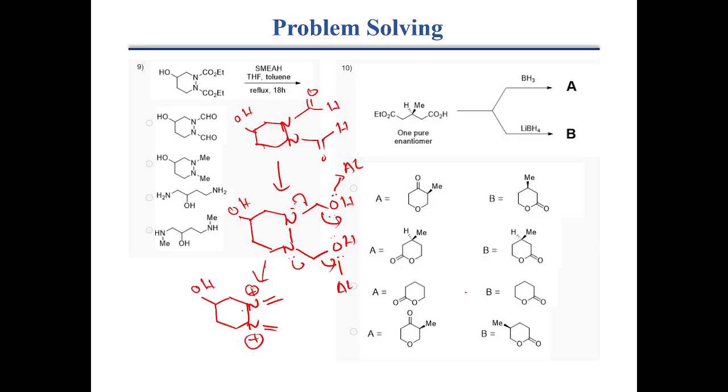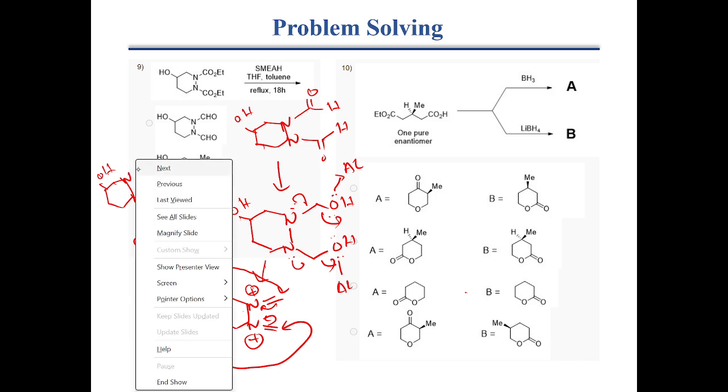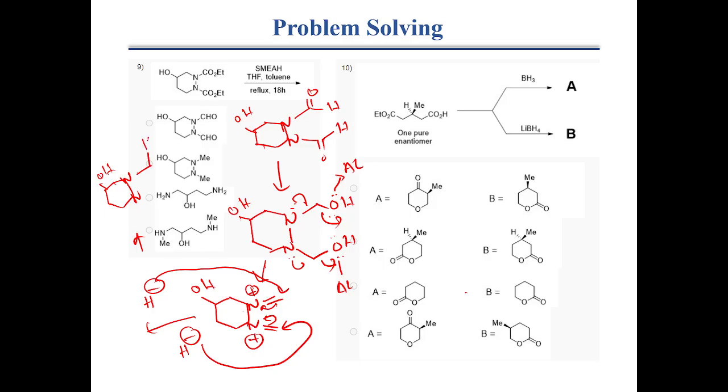Now this iminium is further reduced in the presence of hydride. This will give a methyl group, CH3. So this will be the right answer.